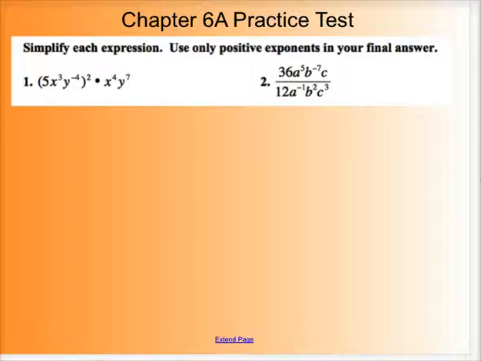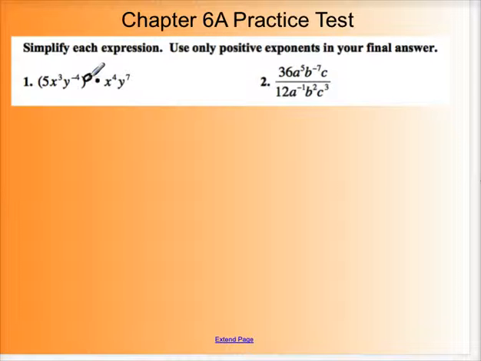Now beginning with this, this first section is from our little concept bite, our review from exponential algebra for rules of exponents. So the first thing that I notice is I have the exponent of 2 there. Now the exponent of 2, when you have a parenthesis to a power or a product of powers, you end up taking that power to everything inside the parenthesis.